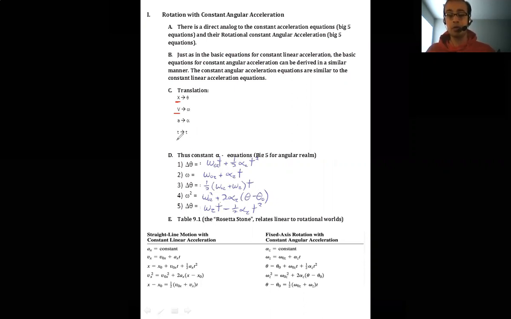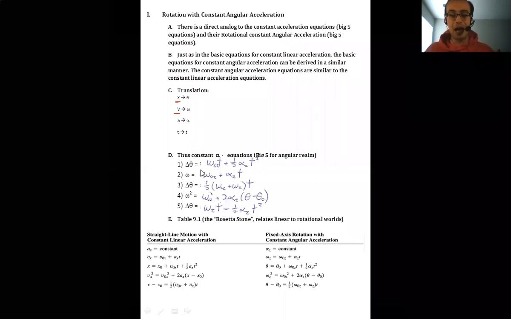And time is, well, time is still time. Sorry to disappoint you there, but there is no cool equivalent for time in the angular world.